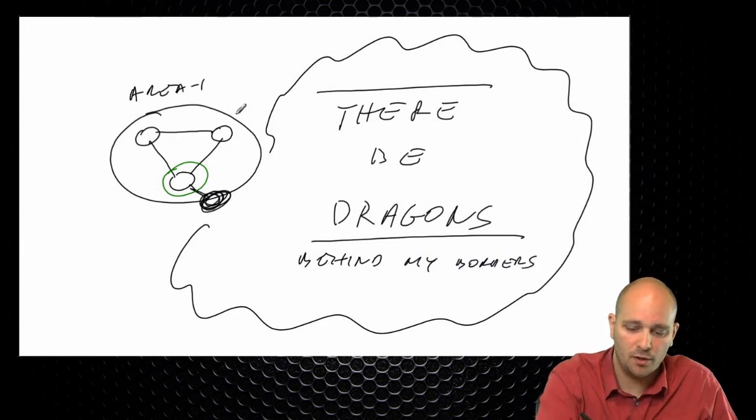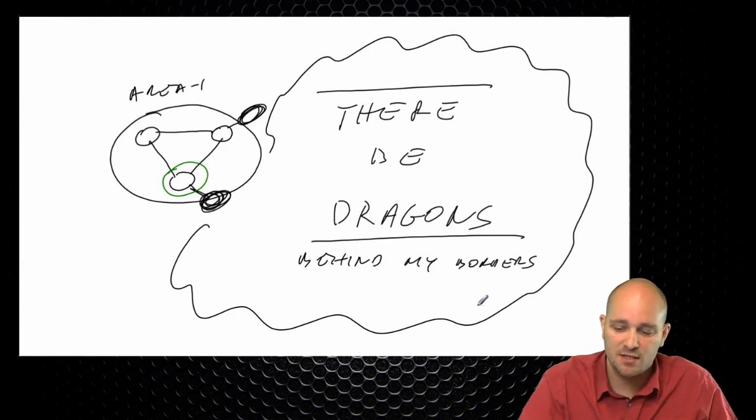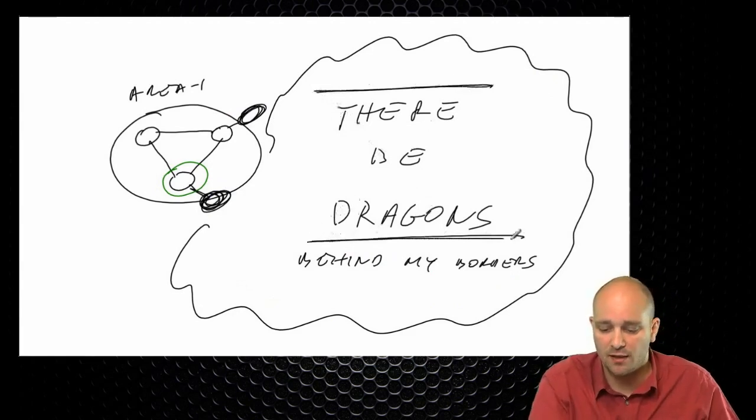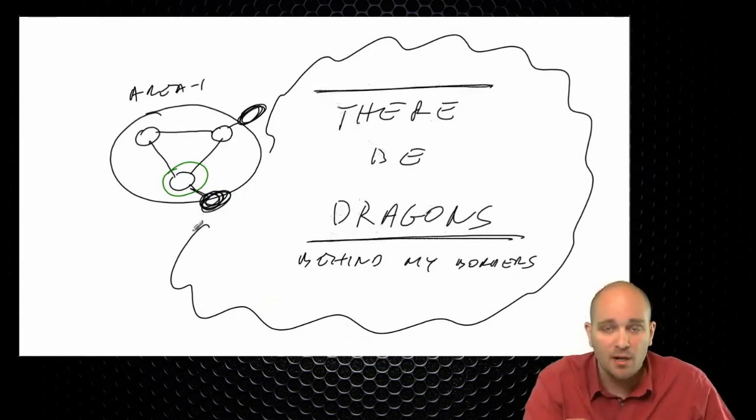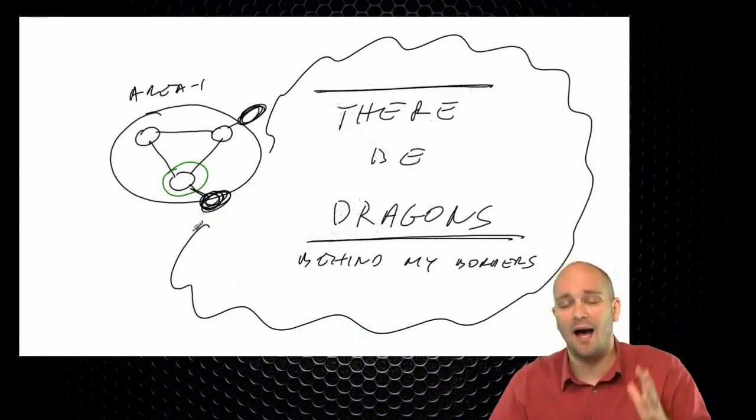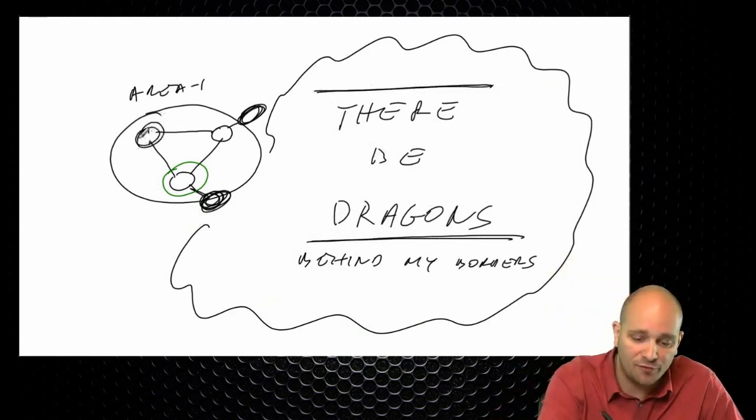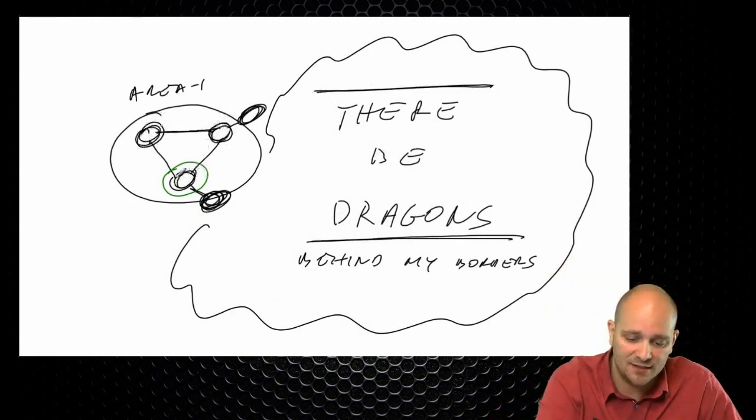So this is the border, and this is the border here. So this router here knows about these borders, but it doesn't know anything about the network. There be dragons. The only thing it knows is that some networks are reachable somehow behind these borders, but it has full visibility of inside the network.